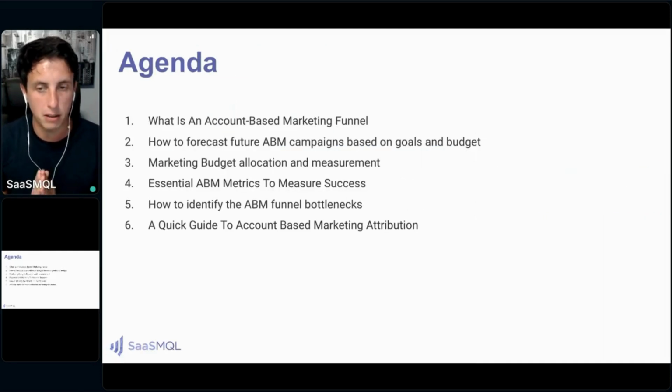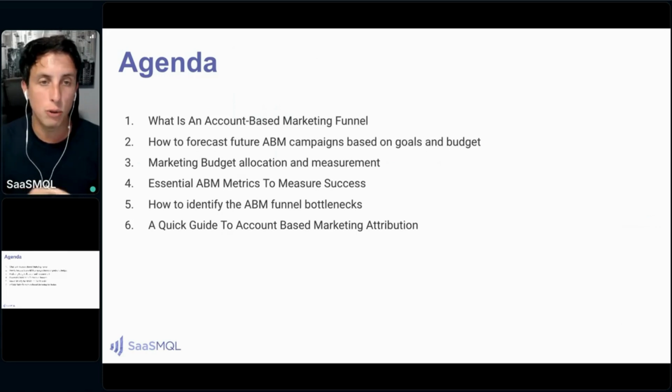Today we're going to talk about the account-based marketing funnel, what it is, how we visualize it, what stages we're talking about here, and how we can forecast future campaigns based on the goal that we have for next quarter, next fiscal year, whatever it is. How do we allocate the budget across the different channels?